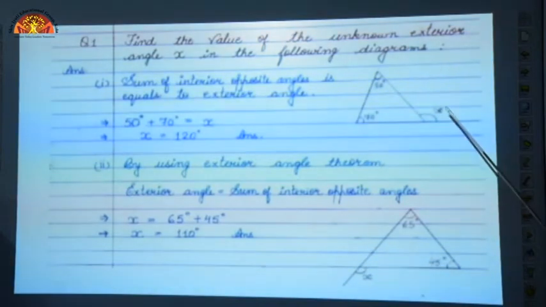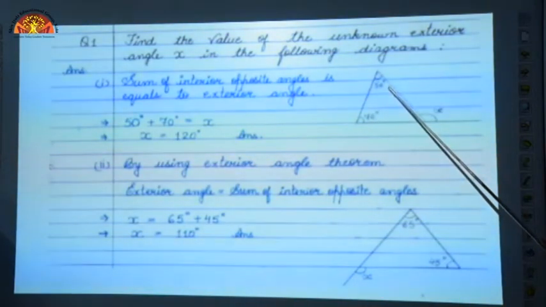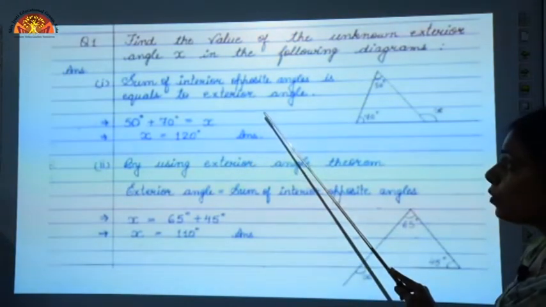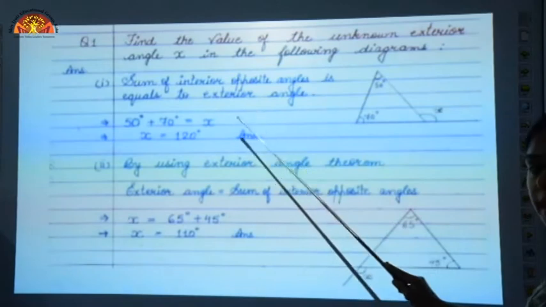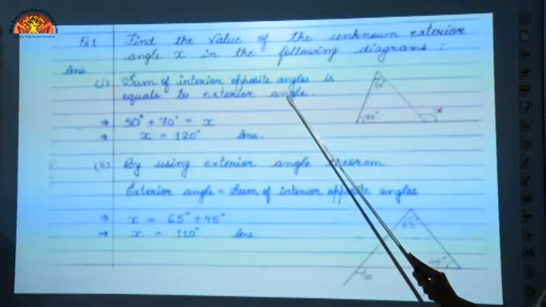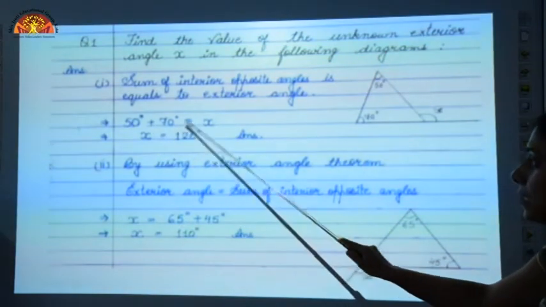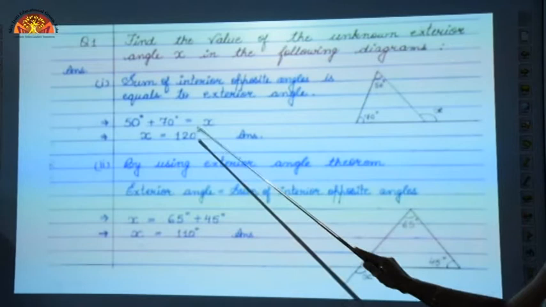In this question, this is the exterior angle x and the interior angles are 70 degree and 50 degree. So as per the statement of the exterior angle property, sum of interior opposite angles is equals to the exterior angle. So 50 degree plus 70 degree is equals to x. So x is equals to 120 degree.